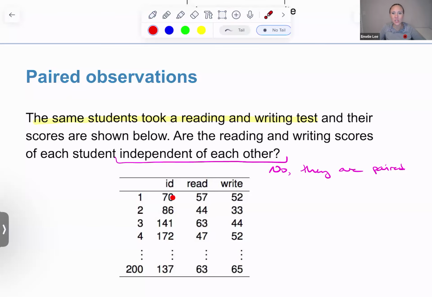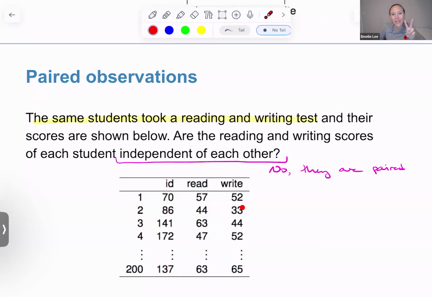So how we show that: each student has some generated ID number, which doesn't mean anything, we don't analyze it. And we get their reading scores and their writing scores. What we tend to see is that if the reading scores are high, I expect the writing scores to be high as well, whereas if I have a reading score that's low, I expect the writing score to be low as well.